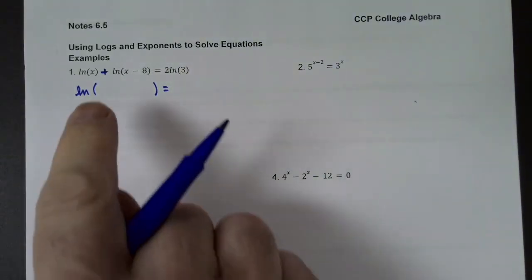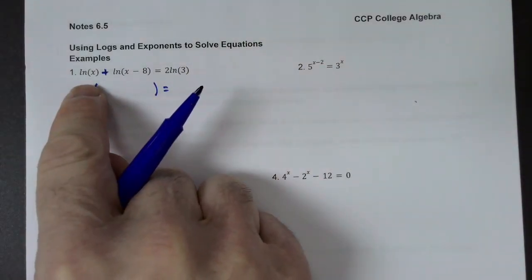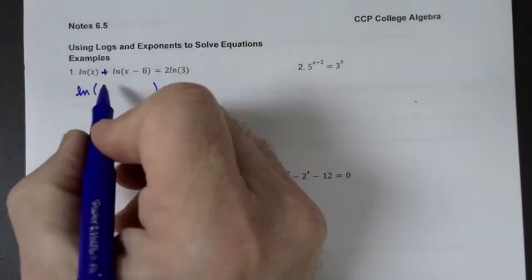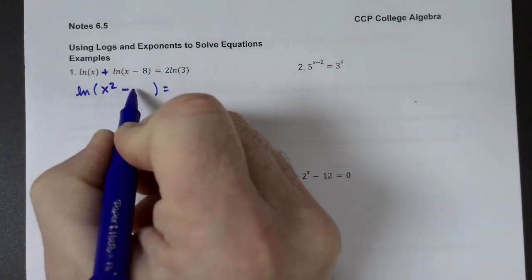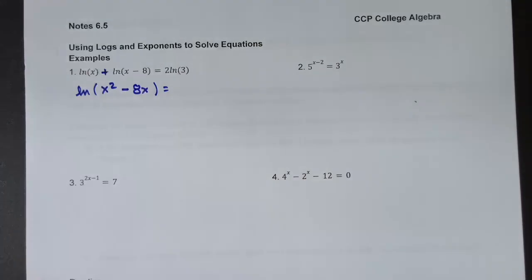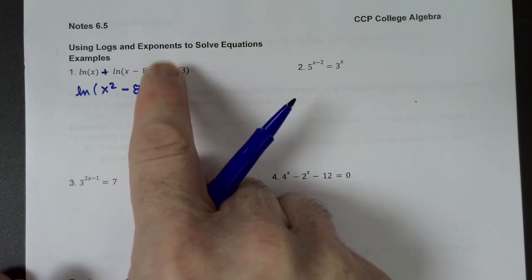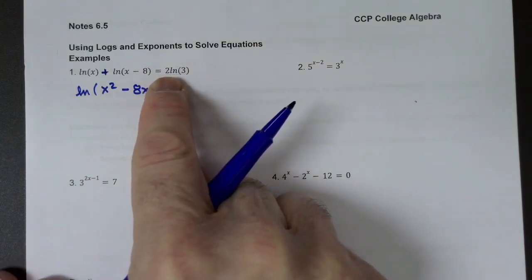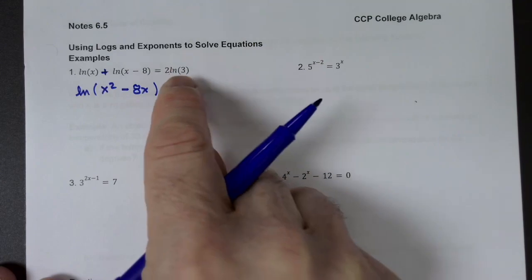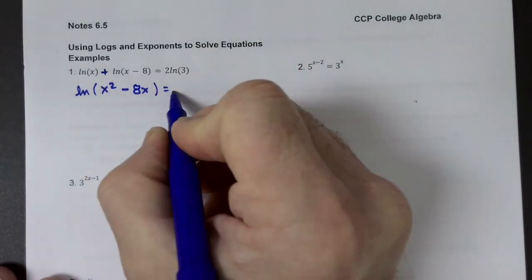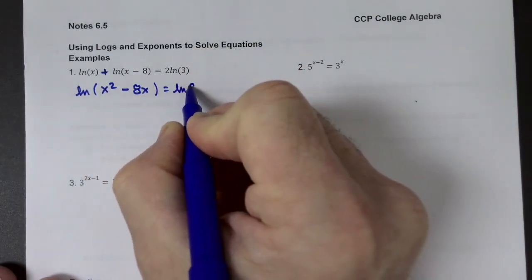And I'm going to go ahead and distribute it in one step. This would be x times x, x squared minus 8x. And on the other side, we also have a log law here with the 2 on the outside as a coefficient. Our exponent log law says that we can take this and do the natural log of 3 squared, which of course is 9.